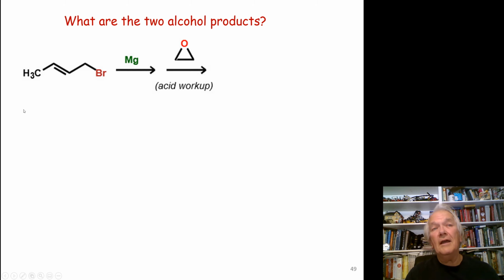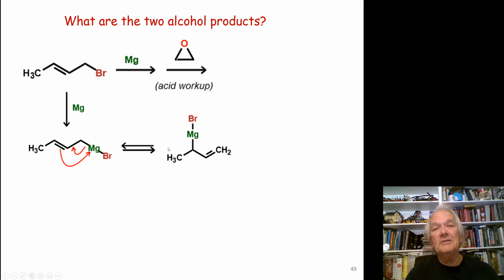Well, it turns out there are two products. Why are there two products? Well, because there are two Grignard reagents. So how does this work? This is your expected Grignard reagent. But it turns out that the double bond can reach over and grab the magnesium, and these two Grignard reagents are actually in equilibrium with one another. This is not resonance. This is pure equilibrium.